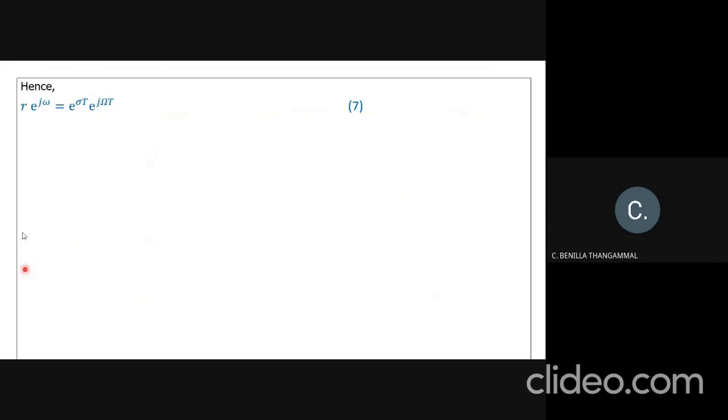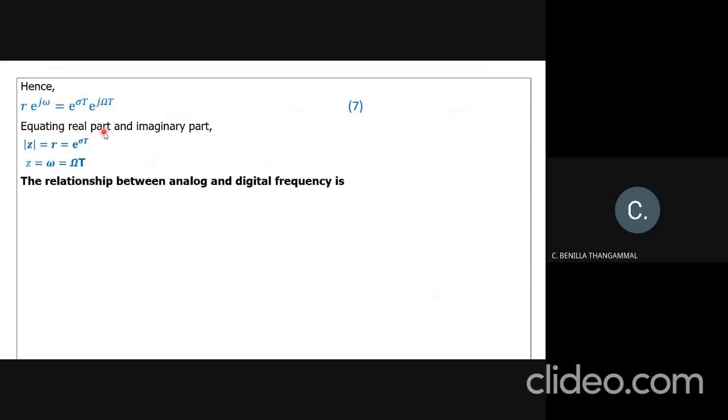So I can write R e power j omega, which is equal to e power sigma T e power j omega T. Equate your real and imaginary parts. So R equal to e power sigma T, and omega equal to omega T.